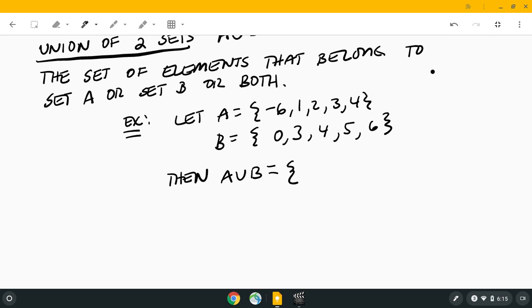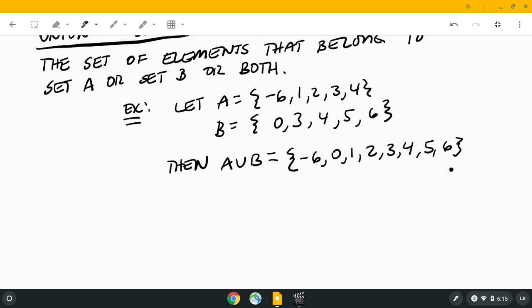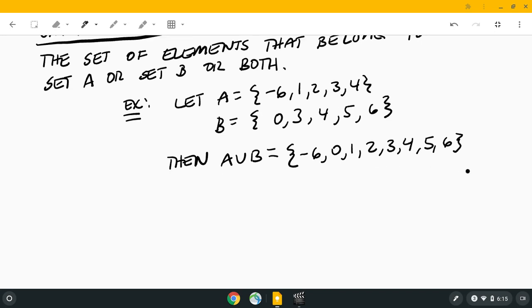So if I go in order, that would be -6, 0, 1, 2, 3, 4, 5, and 6. 0, 3, 4, 5, 6 is in here. -6 is here. 1, 2, 3, 4 are also here. So everything all together. That's the union. And you don't have to write 4 twice. You only have to write it once.